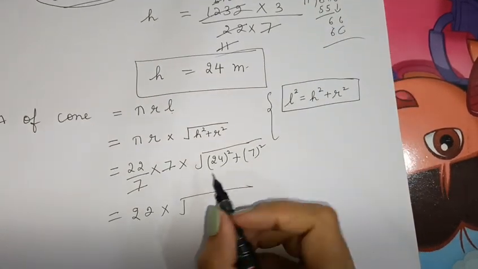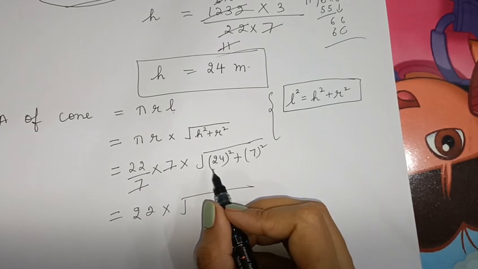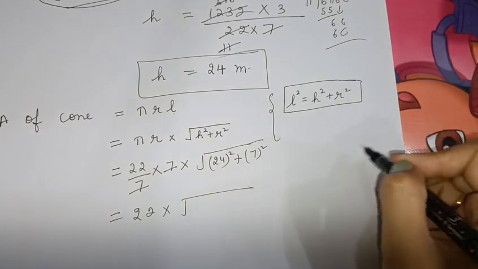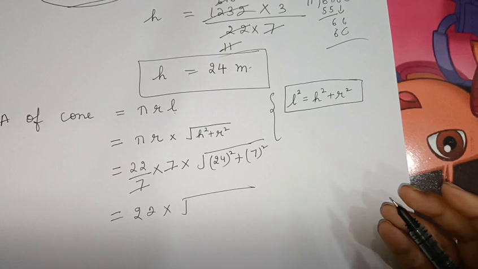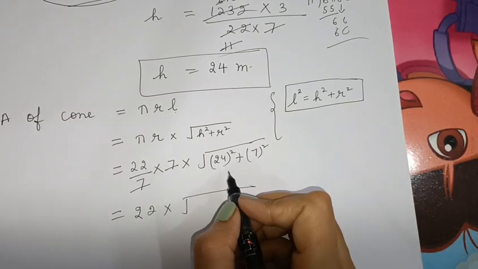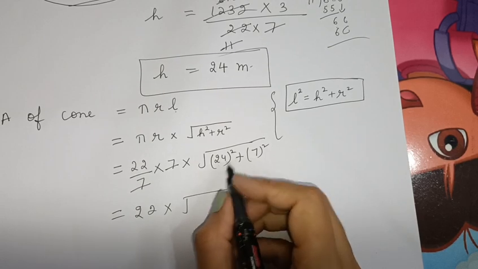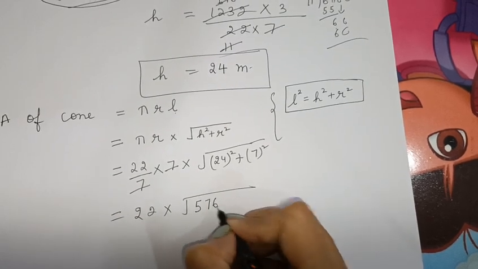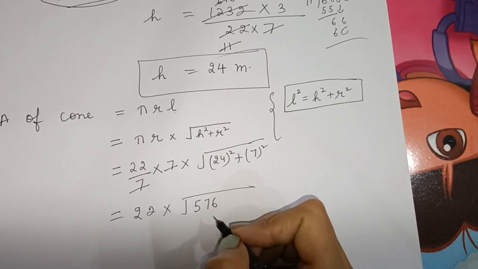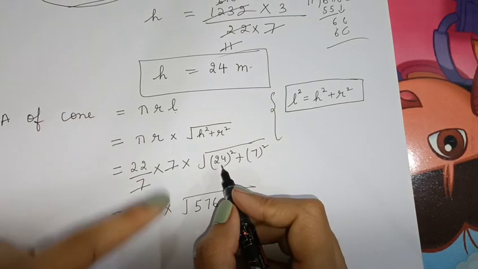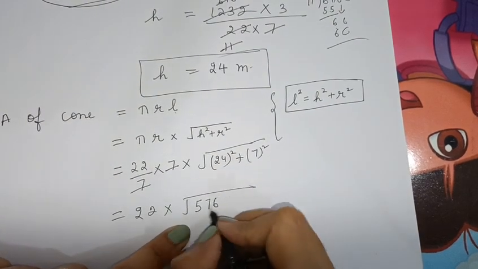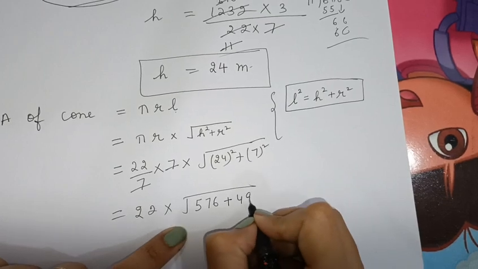See, like I have told you, if you can learn the squares easily, or else you multiply 24 into 24, again it will consume time. So make sure before your exam you are learning all these values. So 24² is 576. So directly see I am writing, and how much time I am saving now. 24² is 576 and this is 49.